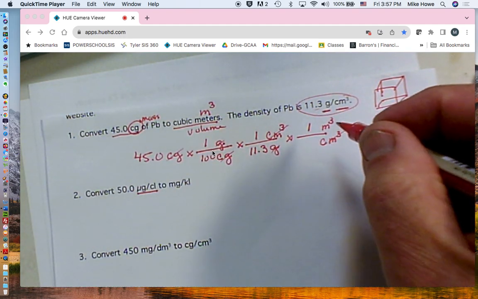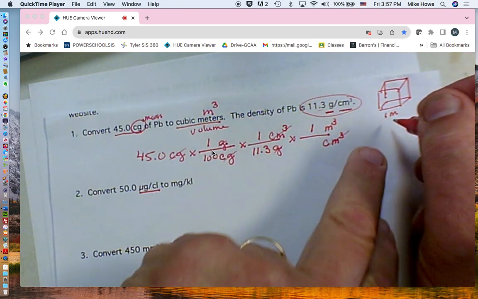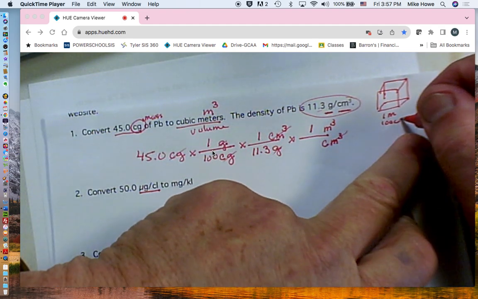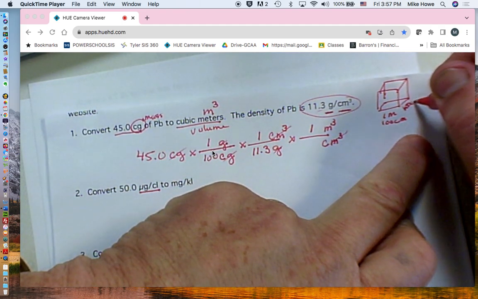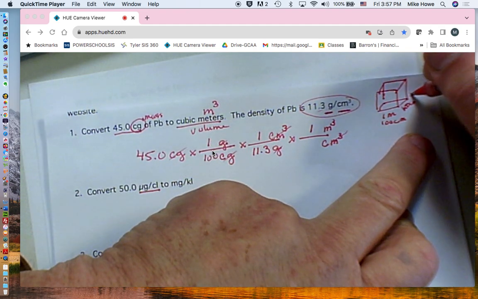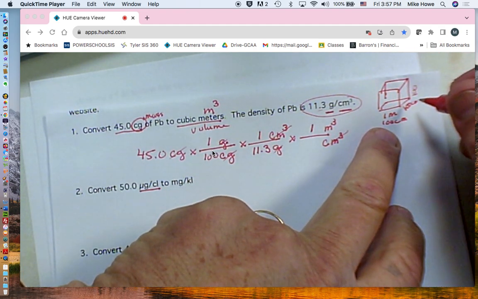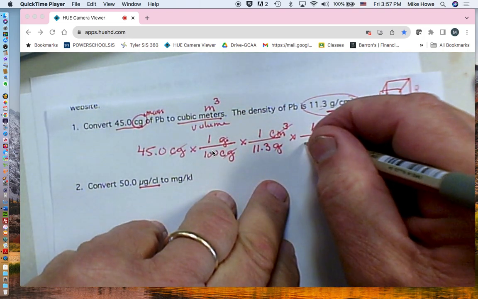We know that a meter is 100 centimeters, but this is a cubic meter. So it is 100 centimeters wide, 100 centimeters deep, and 100 centimeters tall. So we have to multiply length times width times height, or 100 times 100 times 100, which is 1,000,000.